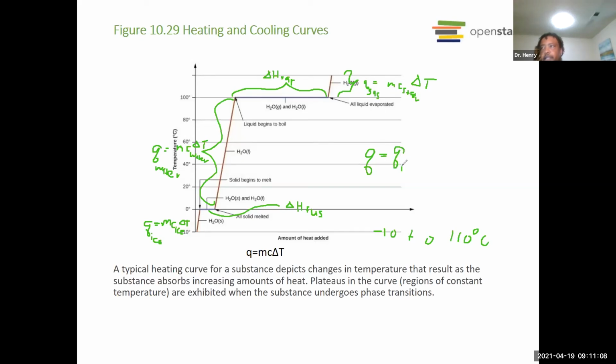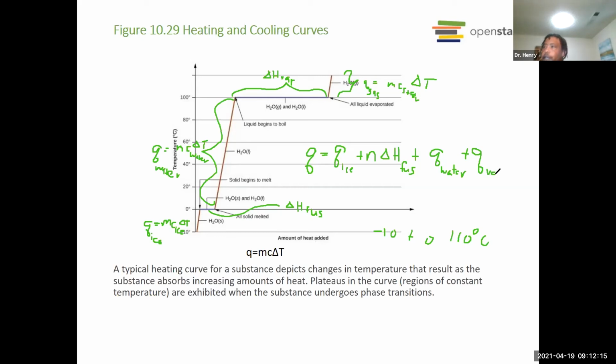So it'll be Q ice plus, sorry, should be N delta H fusion, plus Q water, plus, Q vape.